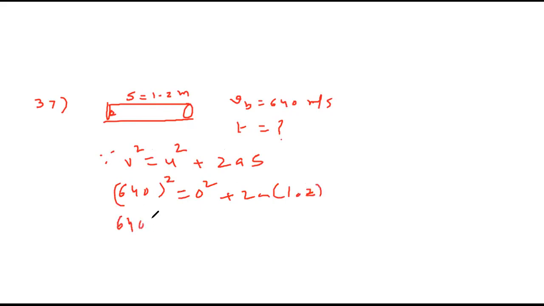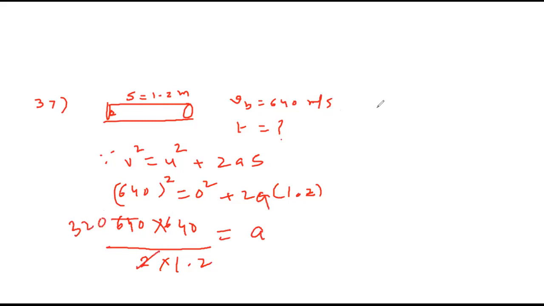This is 640 into 640 upon 2 into 1.2 equals acceleration. So a equals 320 into 640 into 10 upon 12. 4 3s are 12, 4 8s are 32. So you can leave it like this.